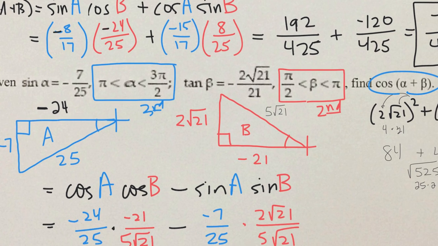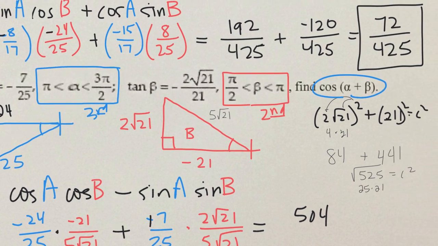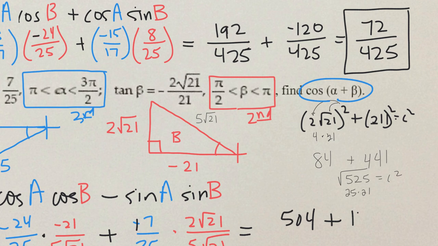Okay, so don't worry, everything is going to work out okay, I think. Negative 24 times negative 21 is negative 504. Sorry, positive 504, because a negative times a negative is a positive. And then minus a minus here is also going to be a plus. This is going to be plus 14 root 21.